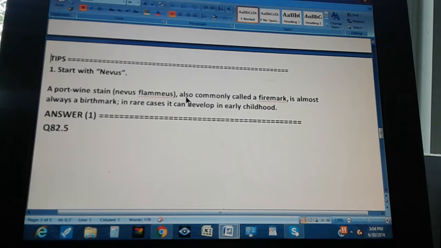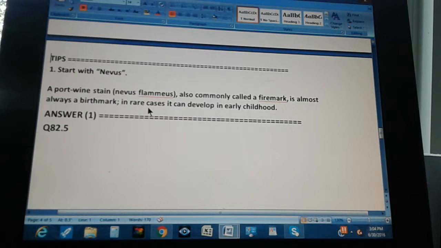What is this diagnosis? The tip is that you start with nevus. What's a nevus? A nevus is a coloration on the skin, when part of your skin is black or dark. Now, a port wine stain or nevus flammeus is also called a fire mark.